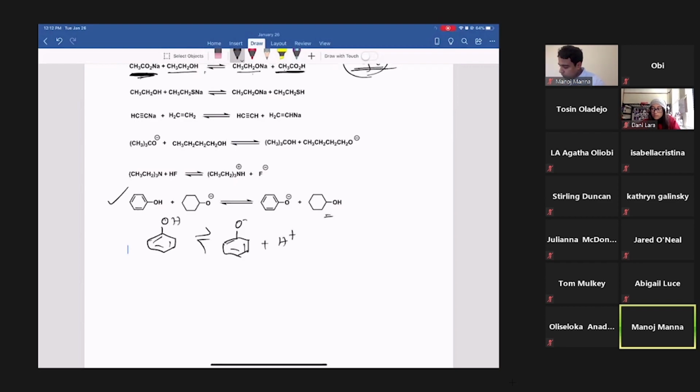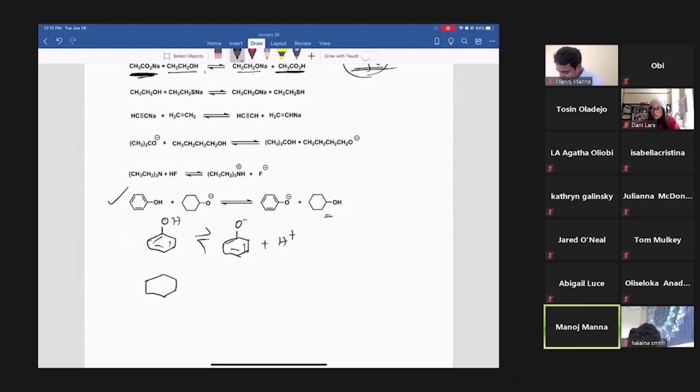And if we have this other OH, at equilibrium we get O minus plus H plus. Now, this is the conjugate base for this acid, and this is the conjugate base for this acid. Now, which one is more stable?